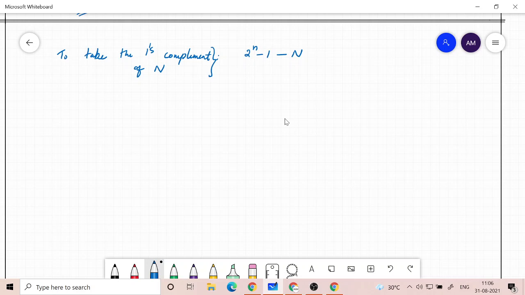And let's take some examples. Suppose n is equal to, say, 1 1 0 1. This number is basically 8 plus 5, so that is 13.